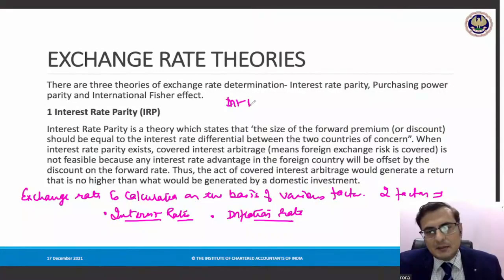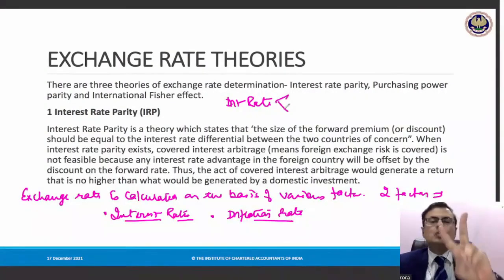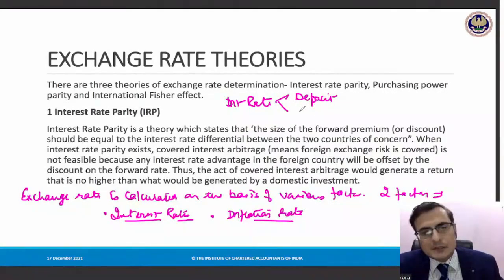When you go to a bank, he quotes you two rates, just like bid and ask. He asks why you are here, for what purpose. Are you here for deposit, or for borrowing? Lending or borrowing, the bank will do it.